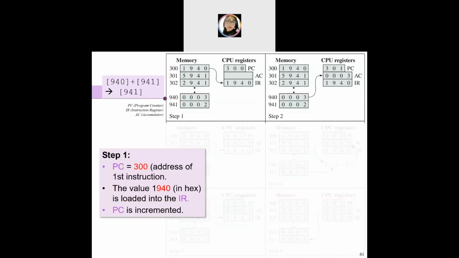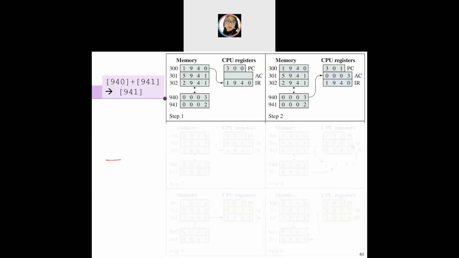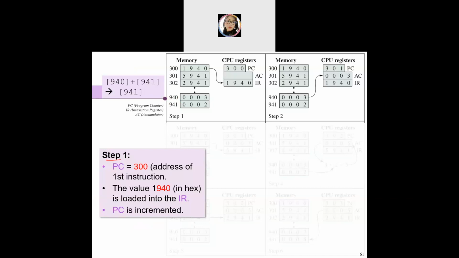So first of all, step number 1, you check the program counter first. Actually, in the question it should mention where it's going to start, the initial address or initial pointer. Here it's not clear, but we have the clue because it mentions we're going to start at 300, the address of the first instruction.